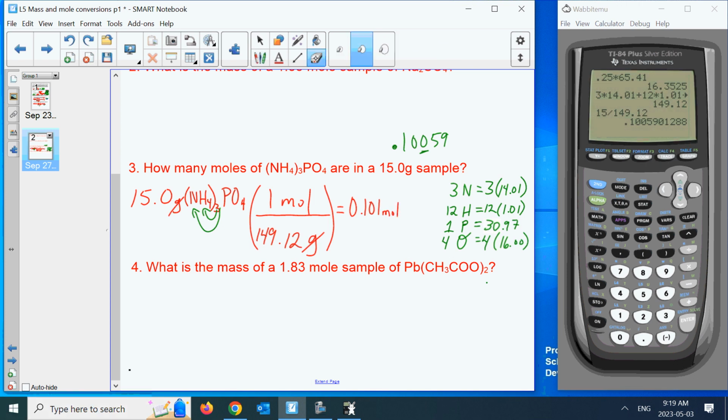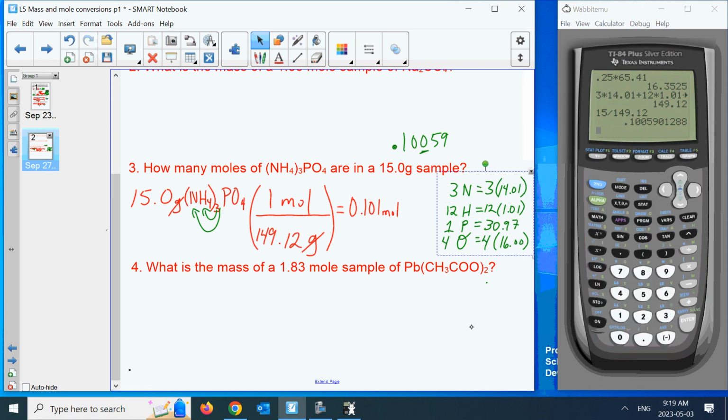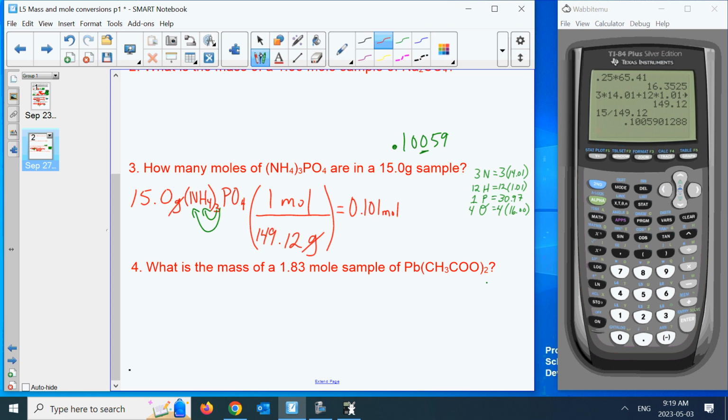I'm going to erase my scratch work, or maybe I'll just reduce it, just so I have space. So that is ammonium phosphate.